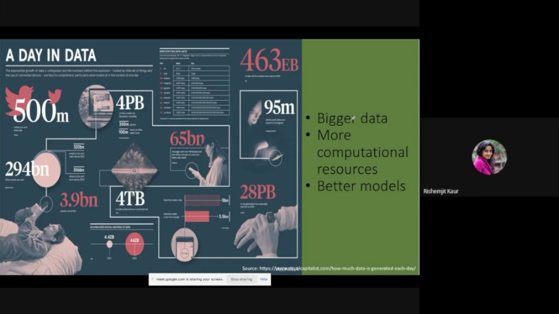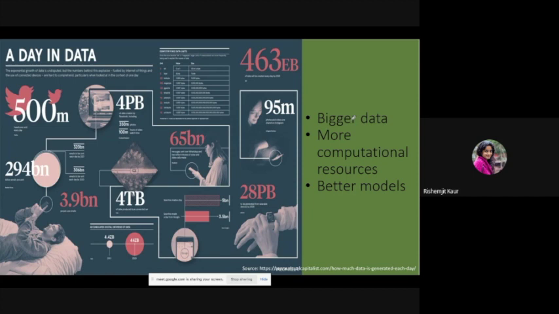The other reason is the improvement in computational resources. Earlier, if you remember, the kind of memory and processing that we had, even your mobile phone is much more computationally powerful in comparison to the computers we had long time back. So we have access to better computational resources.